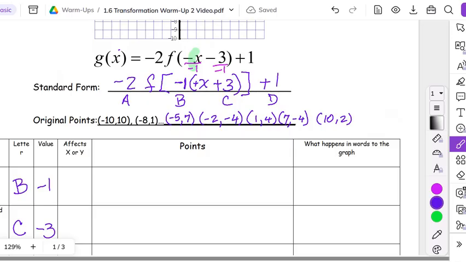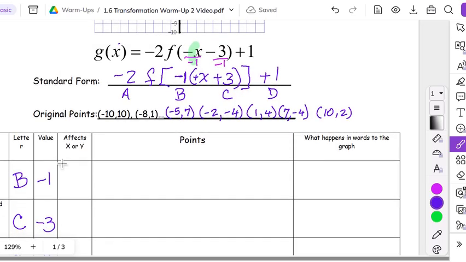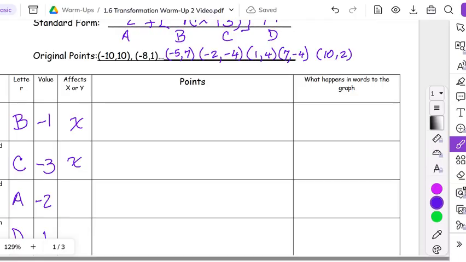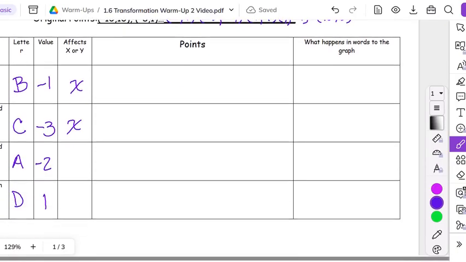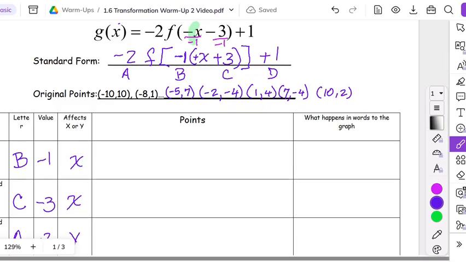So inside the function, the inside is always going to affect your x values. So B and C will always, every single time, affect your x values. And then A and D will always, every time, affect your y values. Because B is being multiplied up there, it's going to multiply all your x values.